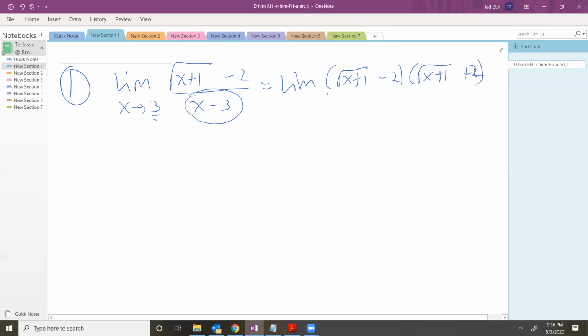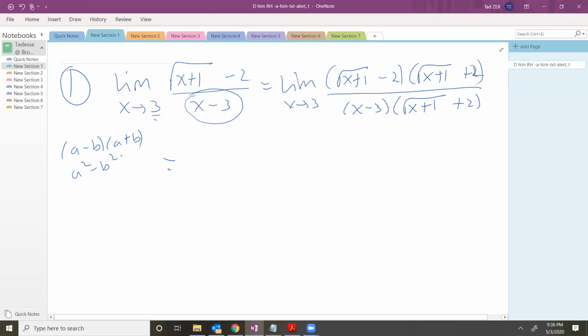You multiply by the conjugate divided by the same thing, and make sure you are using the correct parentheses. That's very important. Radical of x plus 1 plus 2, x approaches 3. Now, when you FOIL a conjugate, if you multiply a minus b with a plus b, these are called conjugates. It will be a square minus b square. So you square the first, minus you square the second.